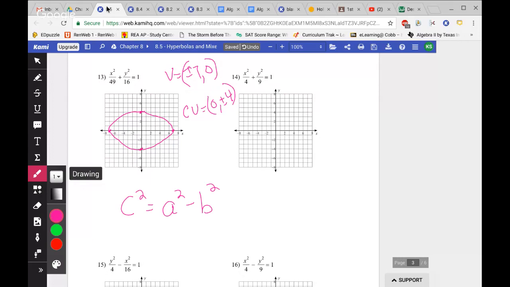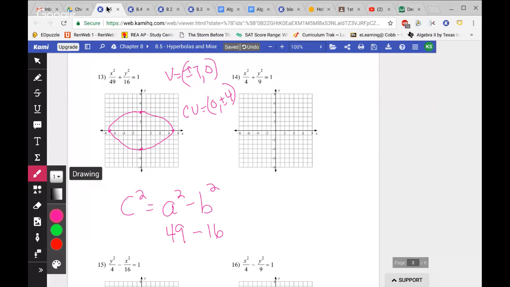It's a non-Pythagorean theorem that has the same letters as the Pythagorean theorem, but it's not Pythagorean. What you'll do is take your 49, which is your A, your larger one, and subtract your B, your smaller one, or your covertice, from one another.